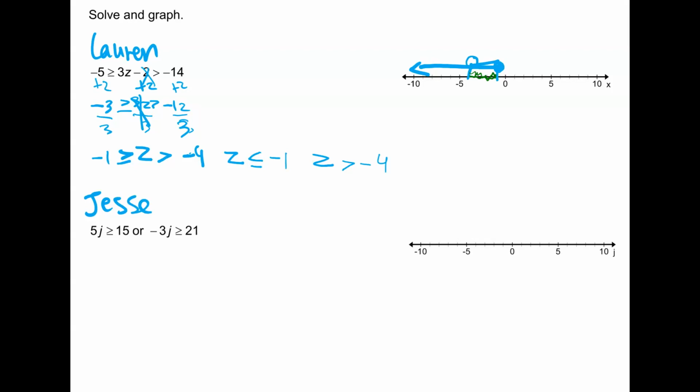Just to reiterate, at -4 is an open circle, at -1 is a closed circle, and the solution is literally between them. You can shade between them like that. Either one works. All right, Jesse, we're up.